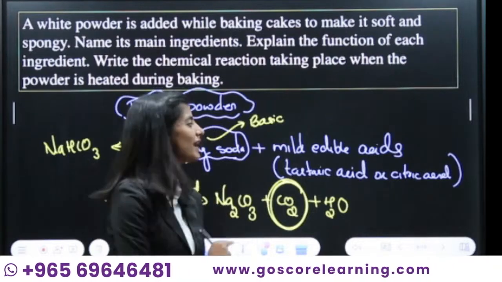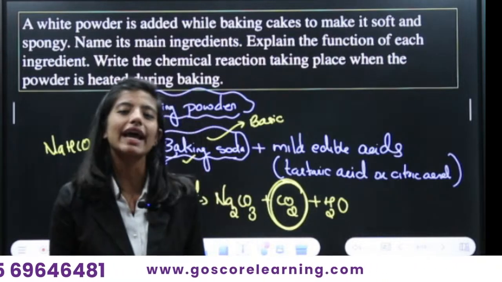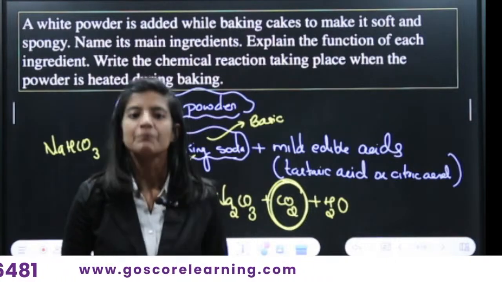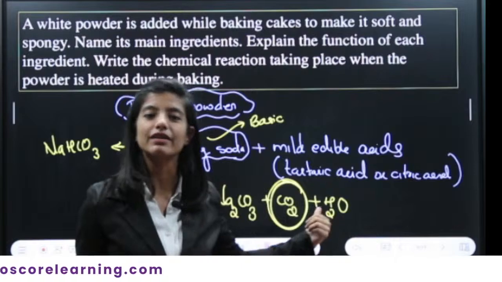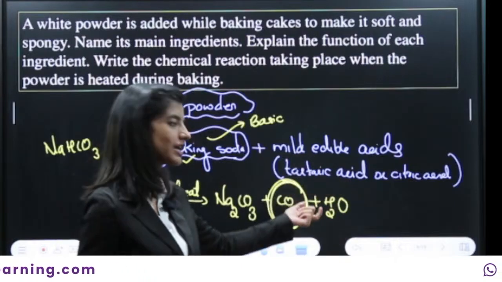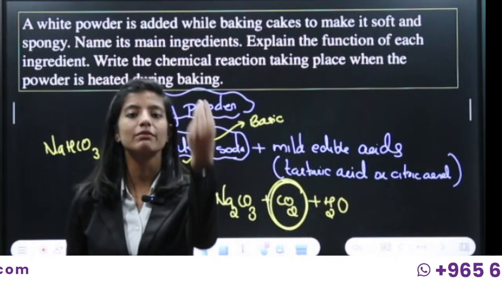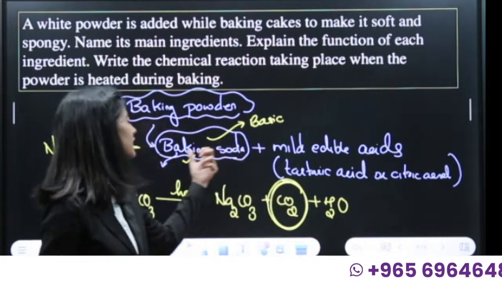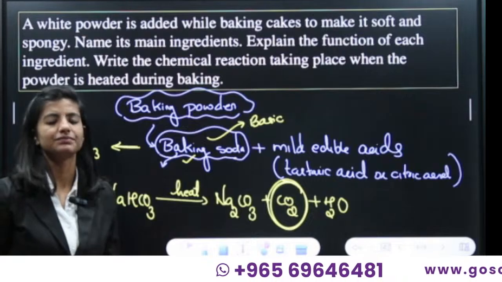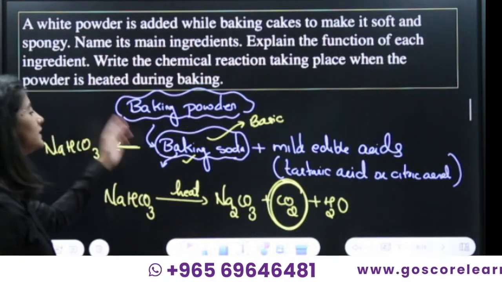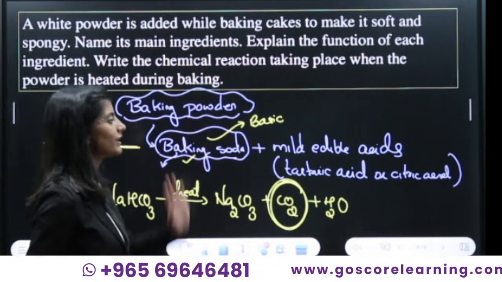Mild edible acids neutralize the base so that we will not get the bitter taste. That's exactly why we add mild edible acids like tartaric acid or citric acid, to remove the bitterness of baking soda. Who likes a cake with a bitter taste? I don't. So that is the use of baking soda and mild edible acids.